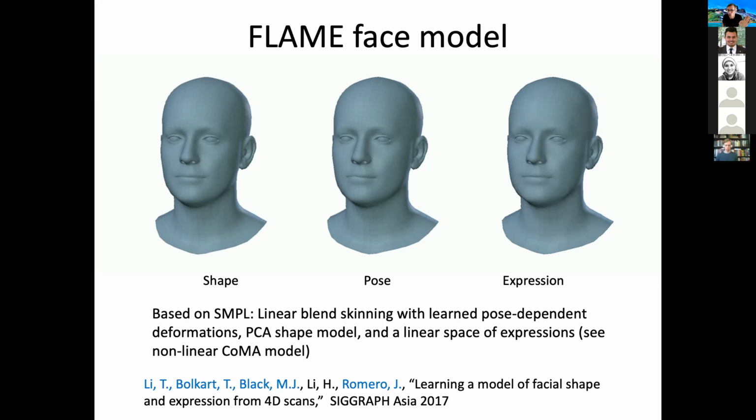We've also explored all kinds of nonlinear models. For example, our COMA work uses mesh convolutions to do this in a nonlinear way, but then it's not compatible with standard graphics packages. So this is the linear FLAME model, which can be used either together with SMPL-X or independently as a head model.